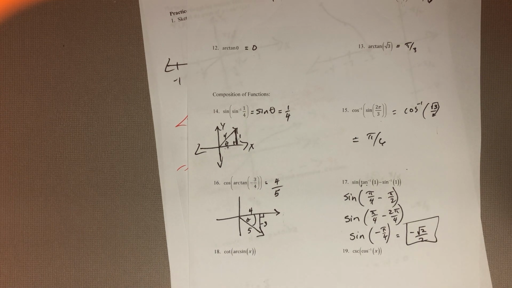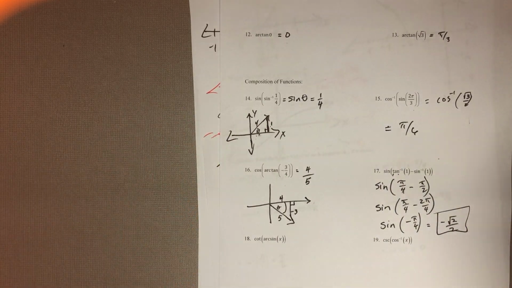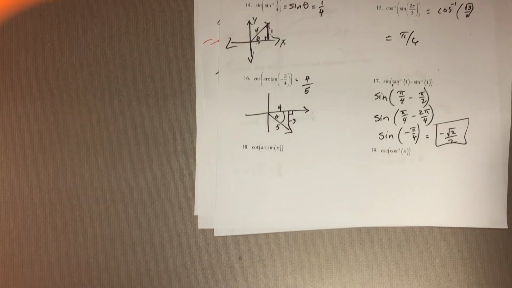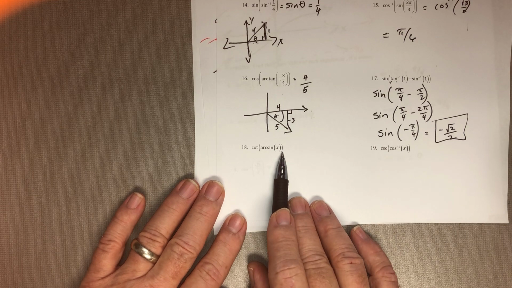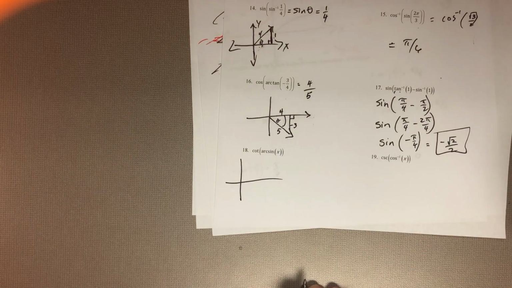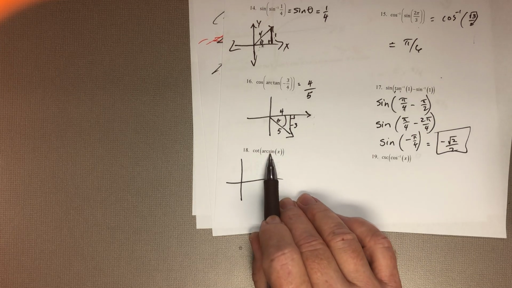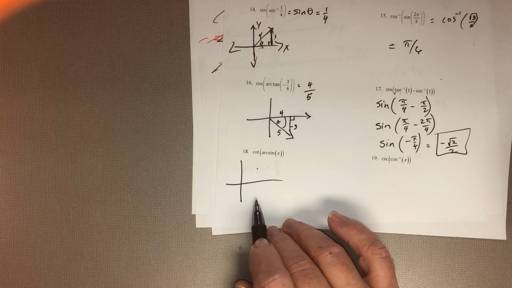Let's go to number 18. In number 18, we're looking for the cotangent of the arcsine of x. Well, I know that the arcsine or inverse sine is defined in the first and the fourth quadrant.